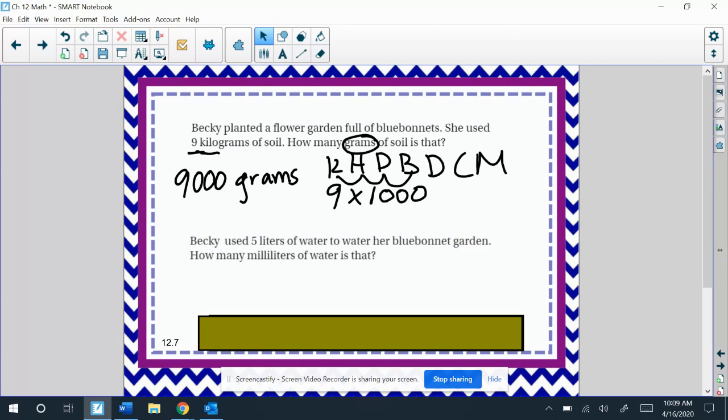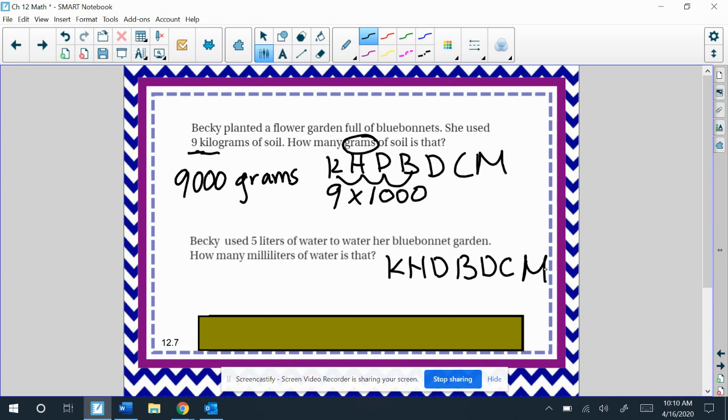Becky used 5 liters of water to water her bluebonnet garden. How many milliliters of water is that? Let's see how you did. I need my saying out in front. King Henry died by drinking chocolate milk. I'm going to put 5 under my liters, which is my base unit.